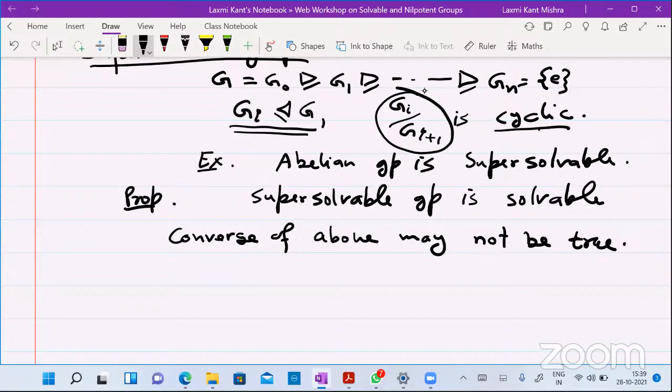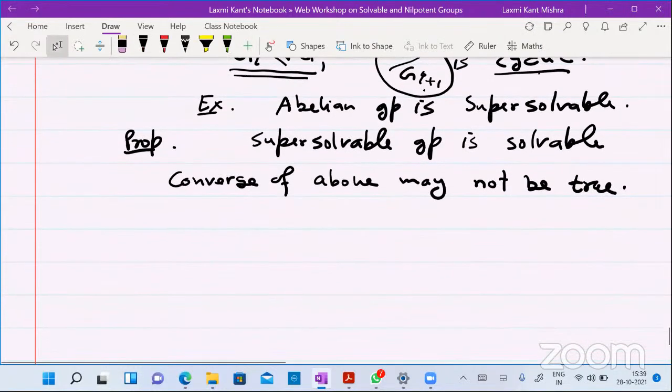The converse is that if G is a solvable group, then it may not be super solvable. So what is an example? I hope you will be having some example.